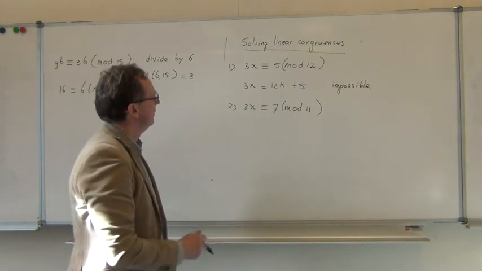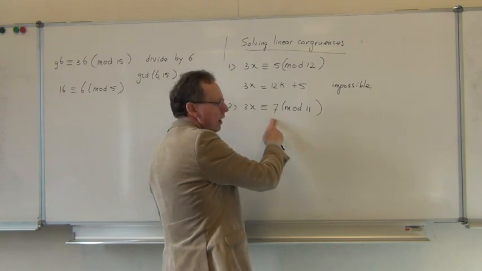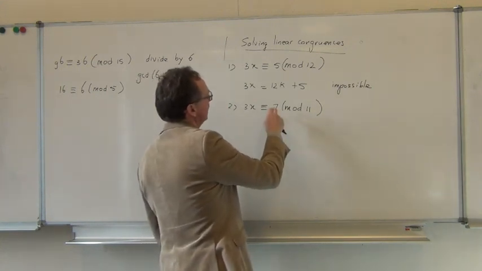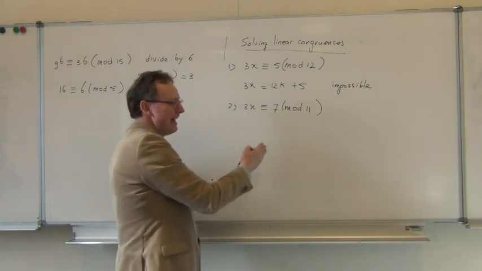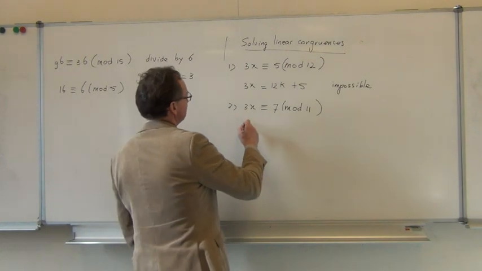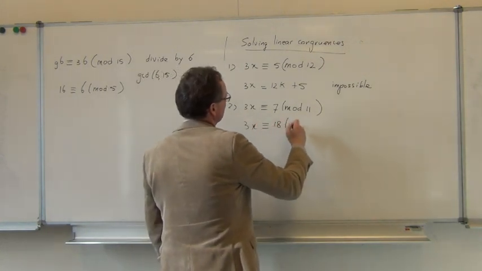However, instead of writing 7, it's also possible to look at another remainder, for example 18 or 29, because if you add 11, they're the same. So you can first write 3x congruent 18 modulo 11.